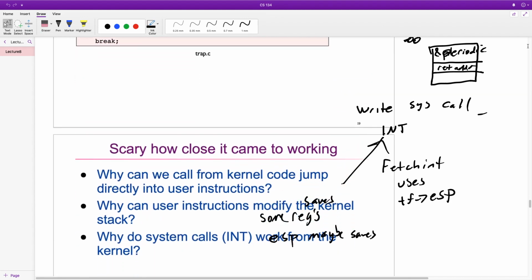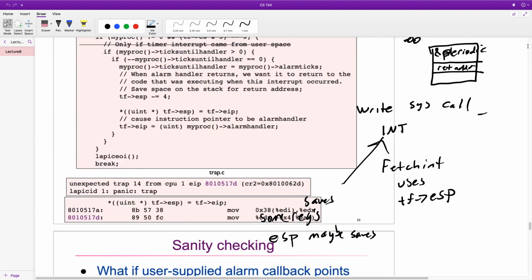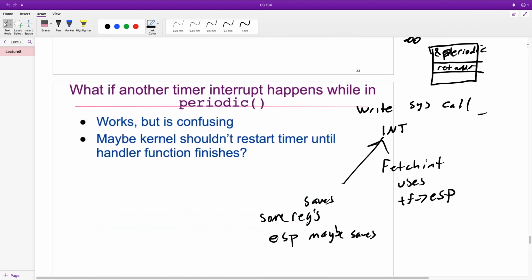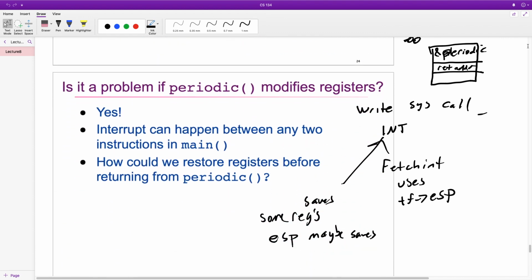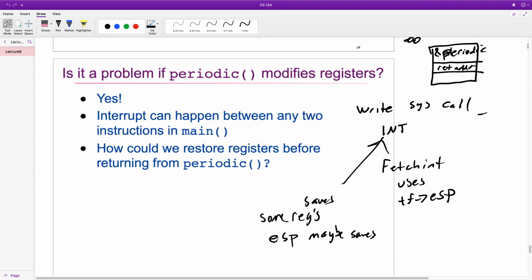Just one last thing, and then I will let you go. Periodic. Is periodic allowed to modify registers? In general, can functions modify registers? Sure. But there's some set of them that they have to restore if they modify them, right? So these are the callee restored registers, or callee saved registers. Are there other registers that it's allowed to blow away?